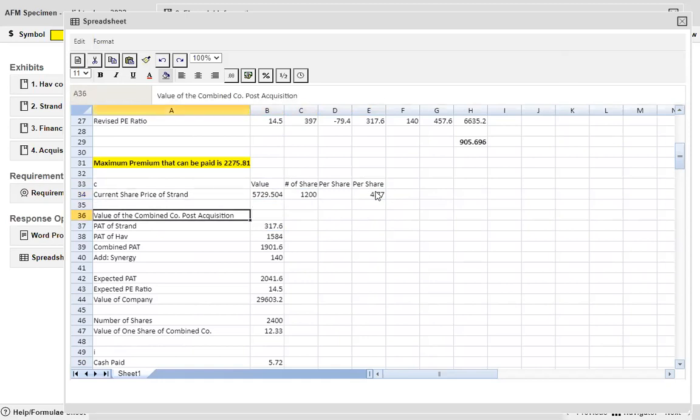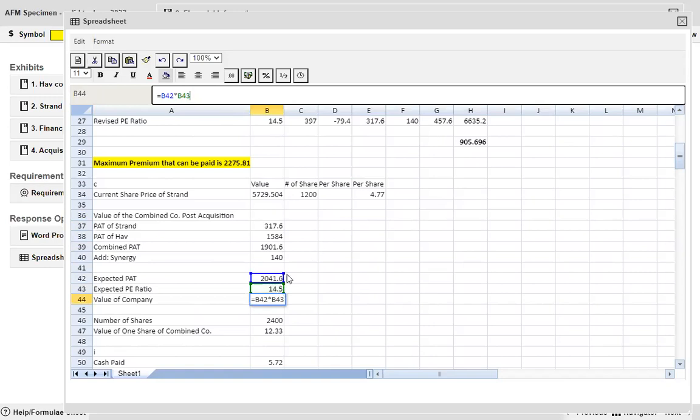Now what is the value of the combined company? This is the profit after tax of Strand. This is profit after tax of Hav. You combine both companies' PAT, you get this. You add synergy to it, you get the expected PAT. Then the expected PE ratio, which is this. The value of the combined company is going to be the multiple of these two.